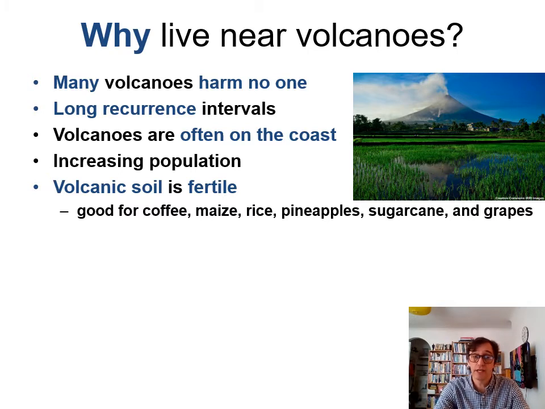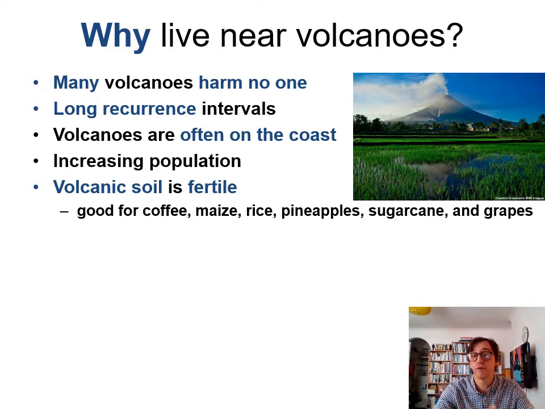Why do people live near volcanoes? It's often for things like agriculture. Volcanic soils are very fertile. It's been shown they've got lots of minerals, some ashfall, etc., which are very good for plants and for growth, and therefore they can put the annual yield of your crop up twofold or even threefold if you have your farm on the flanks or within a certain radius of the volcano.